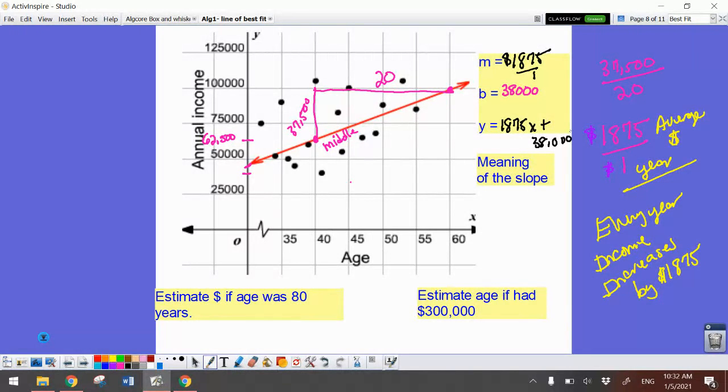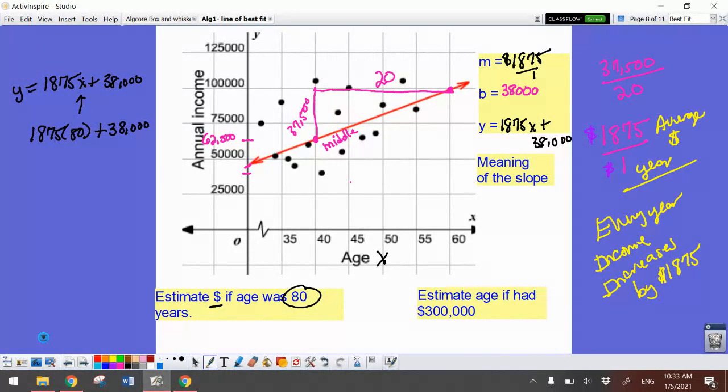Okay. So we've got y equals 1875x plus 38,000. It says estimate the money if age was 80. Well, is that my x or is that my y? Well, age is x, so the 80 would have to go here. So 1875 times 80 plus 38,000 should give me how much money I could anticipate my income would be.